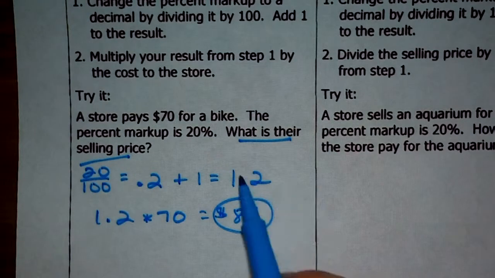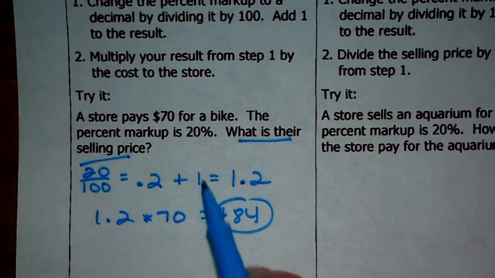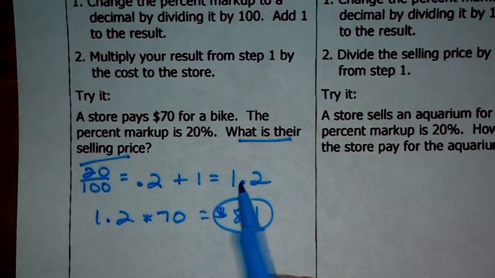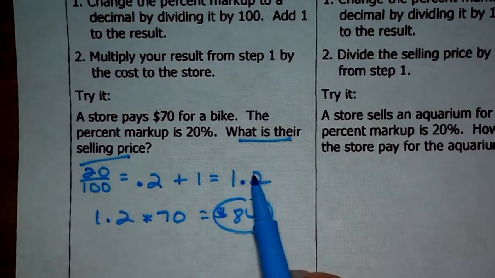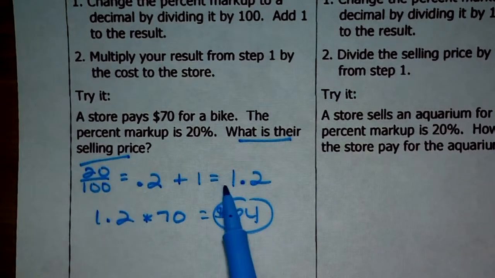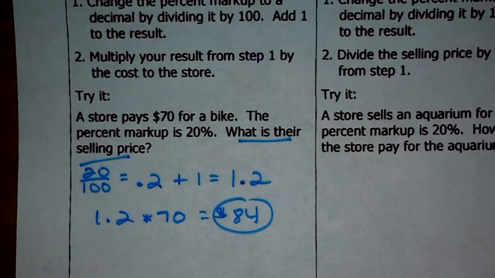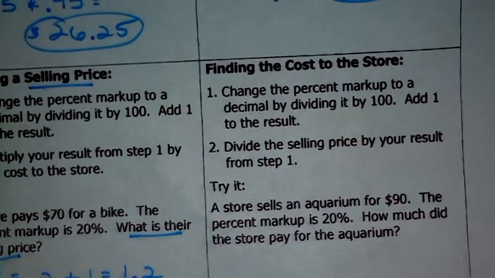So when you put 1.2, adding the 1 here means I include the original $70. That 2/10 right there gives me the extra 14. So when we're multiplying by 1.2, we're getting the $70 original and the $14 markup put together in one step. And we'll explore more about that in class. If that's not making sense, I promise. Alright, so that's how you figure out what to put on the price tag for your customers.